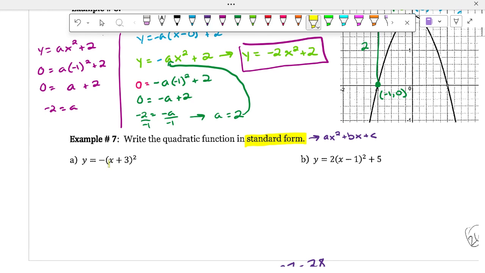And we can't distribute that negative right off the bat because we got that square there. Okay, so since x plus 3 is all squared, we cannot distribute right off the bat. Now, what's x plus 3 squared the same thing as? How could I write that out if I expanded it?